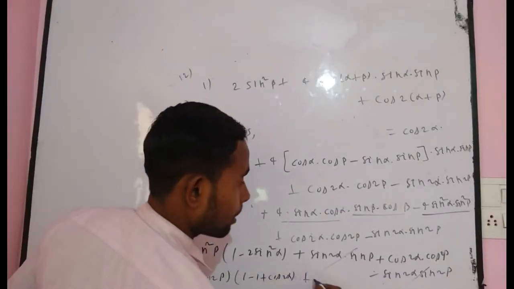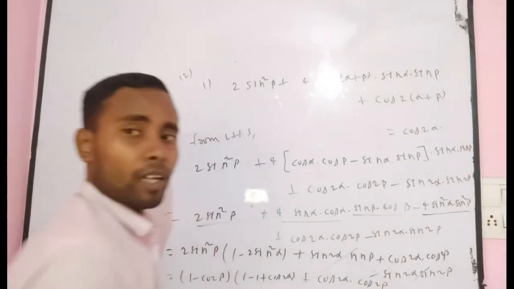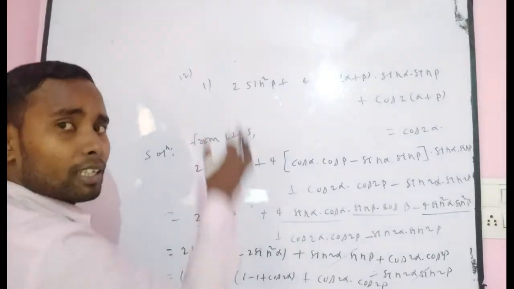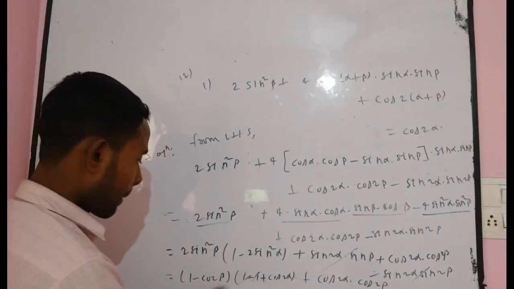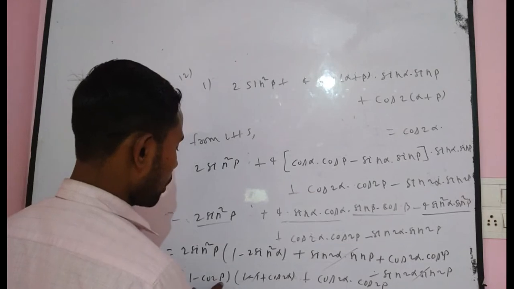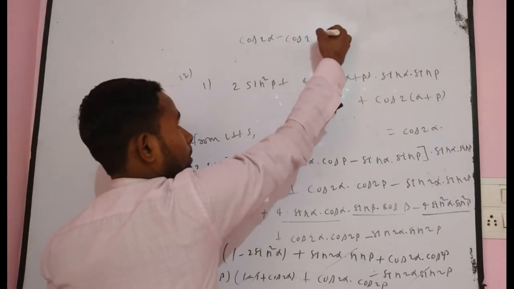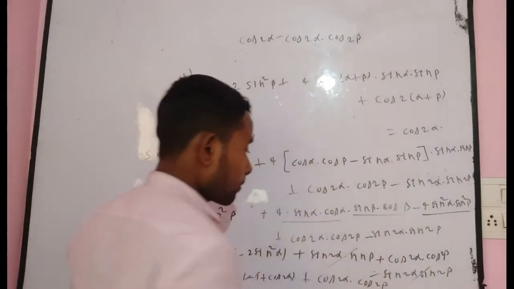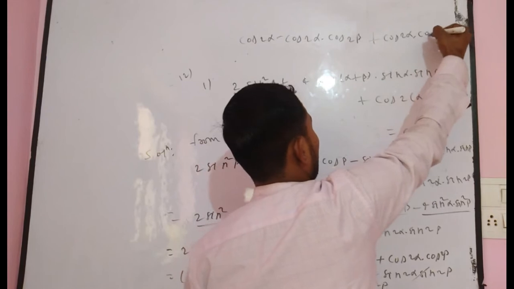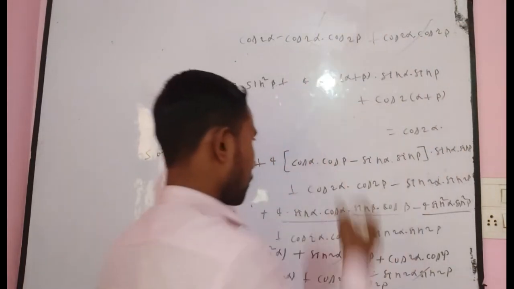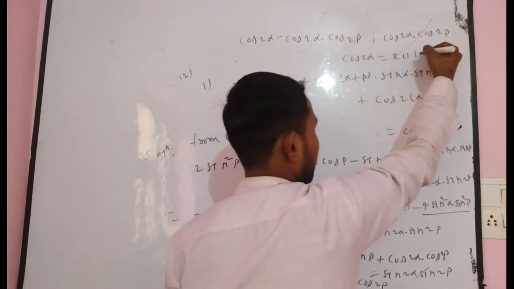Plus here there is given cos 2 alpha into cos 2 beta. Understood? If you multiply cos 2 alpha with this factor, you get cos 2 alpha minus cos 2 alpha into cos 2 beta, and the second term is cos 2 alpha into cos 2 beta as an addition. Both vanish each other. Finally you get cos 2 alpha, which is your RHS.